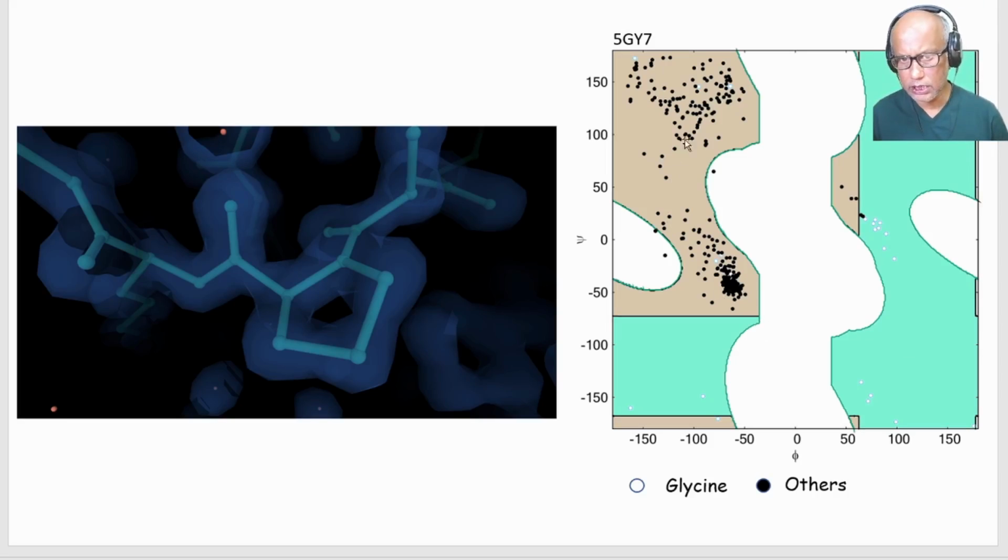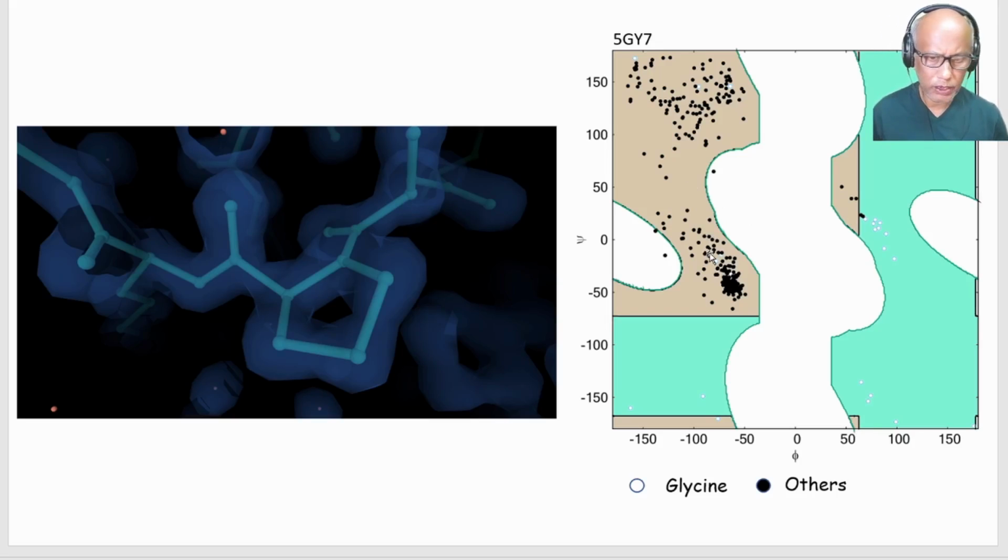Of course, glycine can be on both sides, and you do see some of the glycines in the green region which are only allowed there. But much of the non-glycine residues, excepting maybe one out here and one out here, are well within the allowed regions of the Ramachandran map.